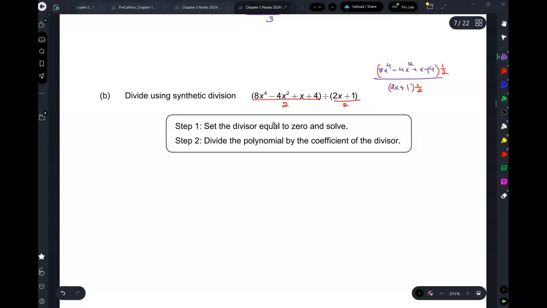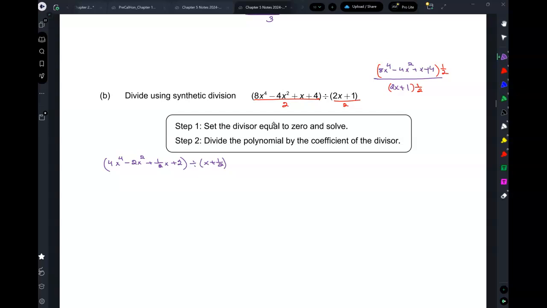Now we have 4x to the 4 minus 2x squared plus half x plus 2 divided by x plus a half. That's what we have now. That other problem from before no longer exists for us.